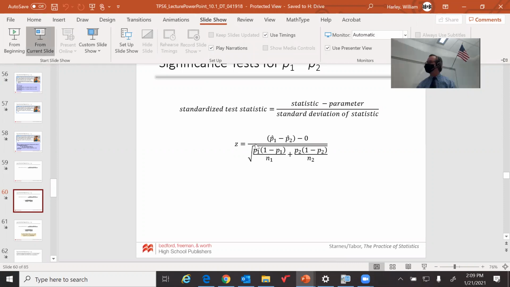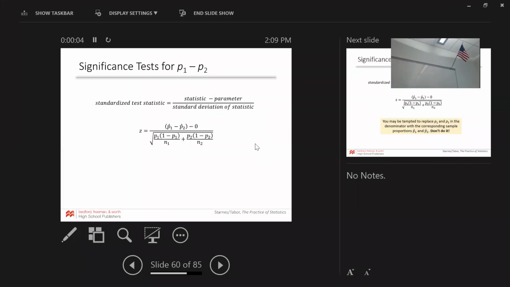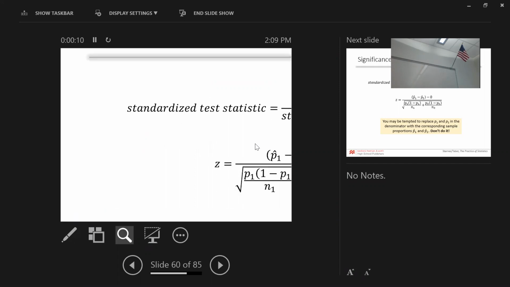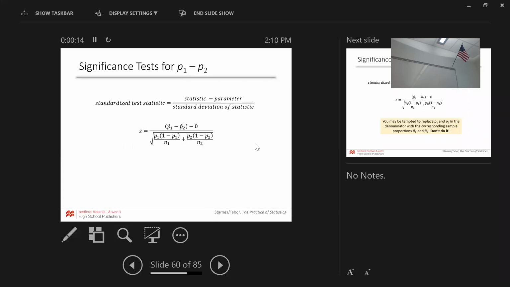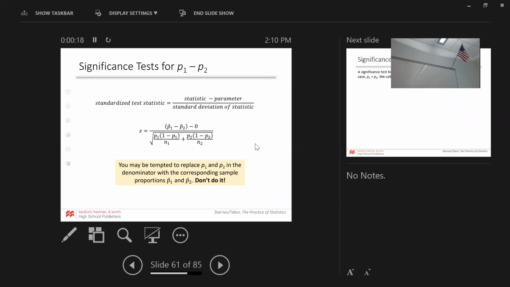So now what? Well, we left that data. And you're looking at this. Oh, well, now watch the slide. But you may be tempted to replace this with p hat.